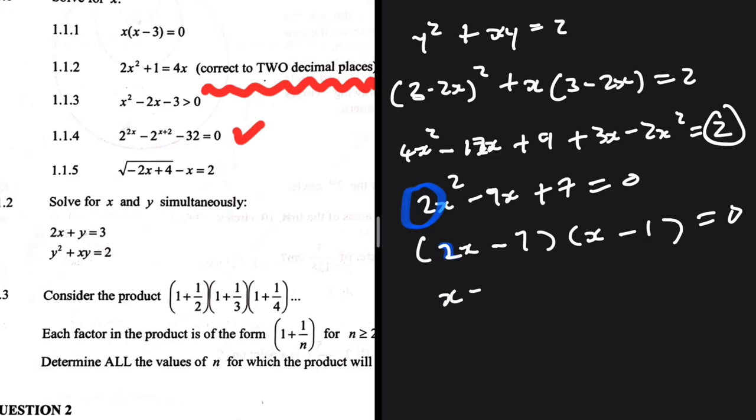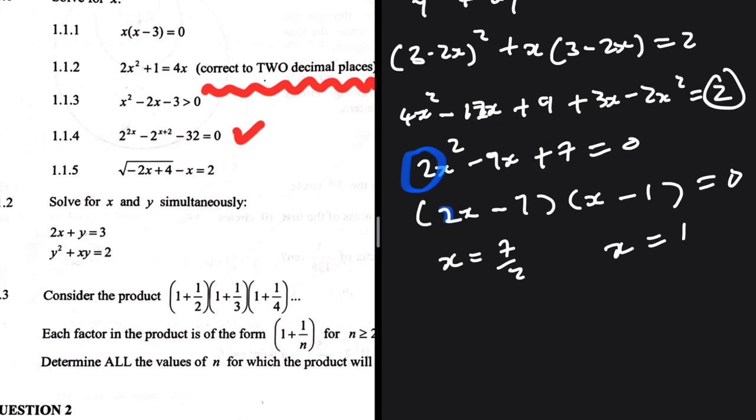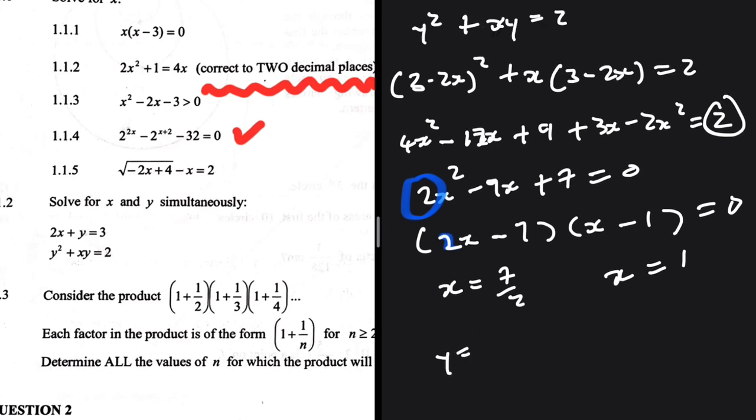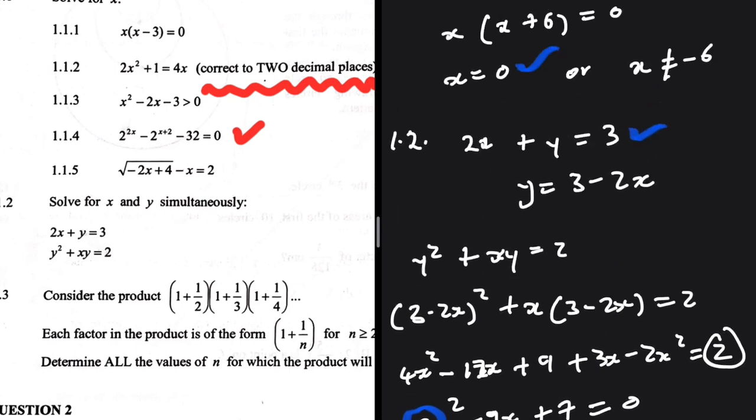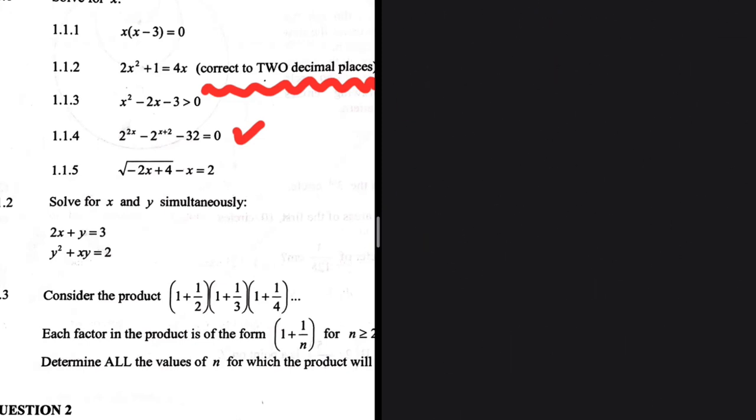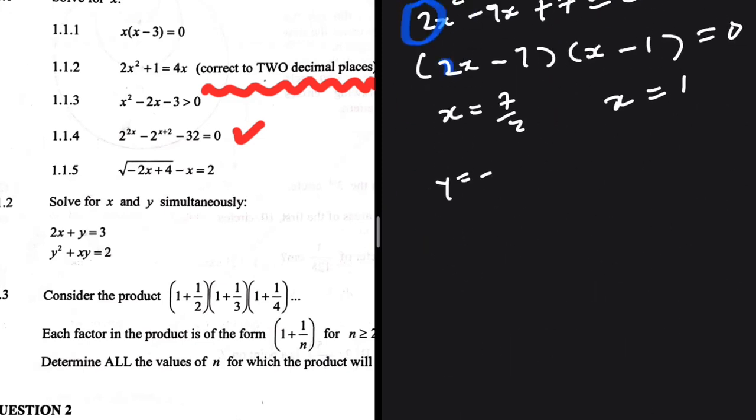Then x is equal to 7 over 2, or x is equal to 1. Now we need to find the corresponding values of y. When x is 7 over 2, what is the value of y? So 3 minus 2 multiplied by 7 over 2. I'm getting minus 4. So one possible value of y is minus 4.